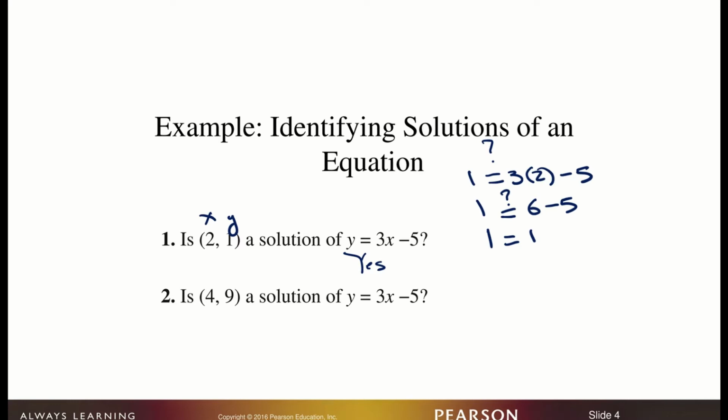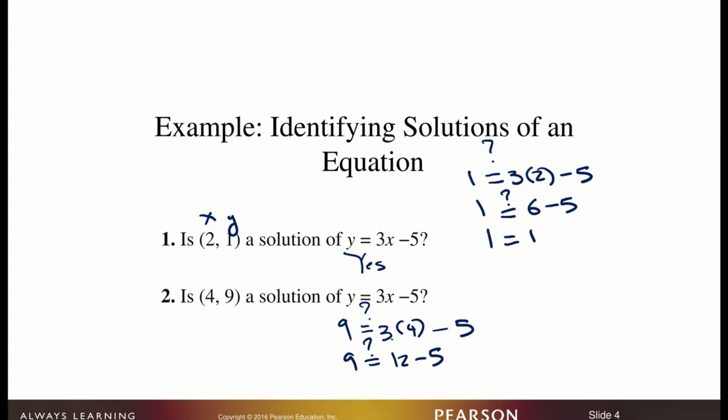All right, so I hope that you substituted 9 for y and 4 for x, and you did have a question mark while you were checking above the equal sign, because we don't know if it is or not. So we're asking, well, let's see, that's 12 minus 5.